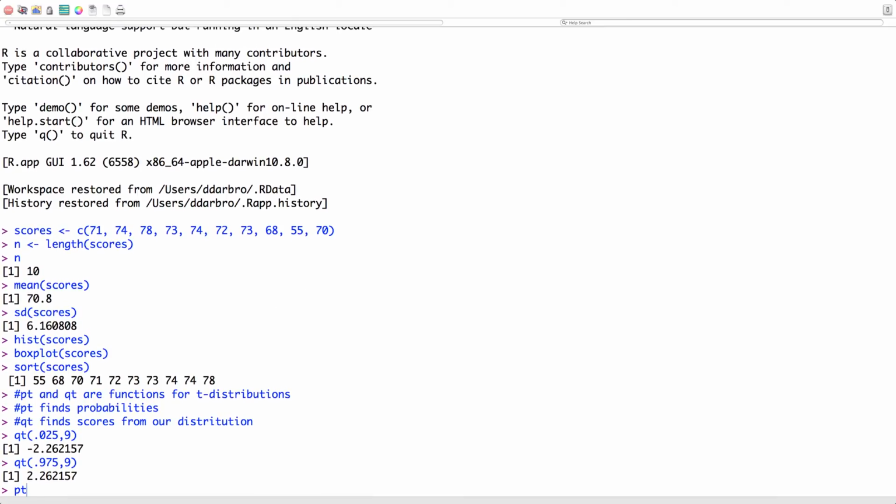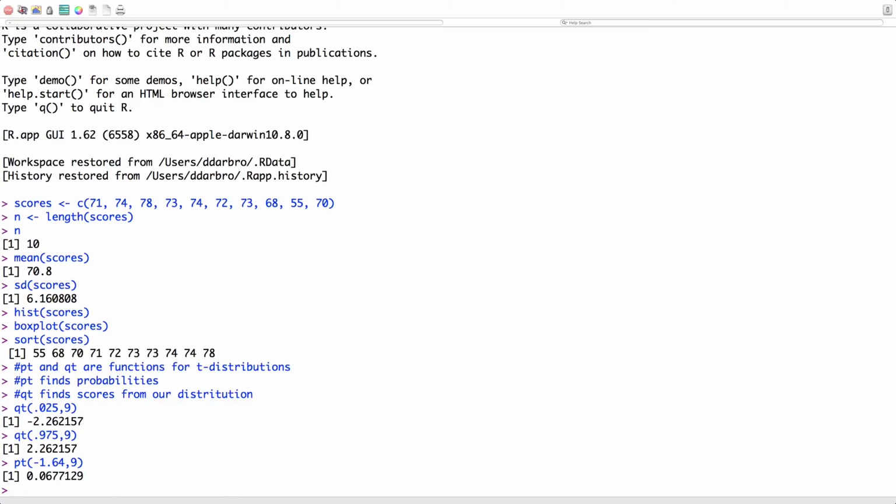With PT, we put in the value that we want to find the area below. So I think we were negative 1.64, degrees of freedom 9. And that gives us an area of 0.0677.